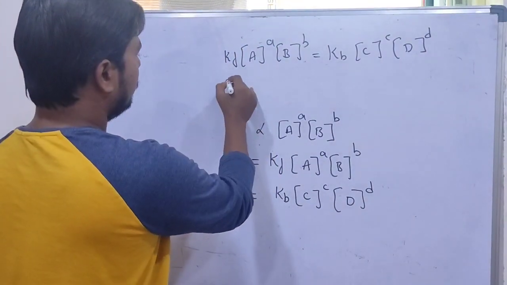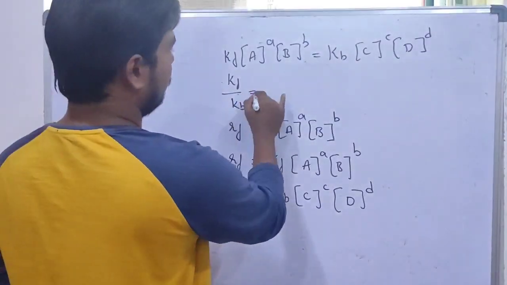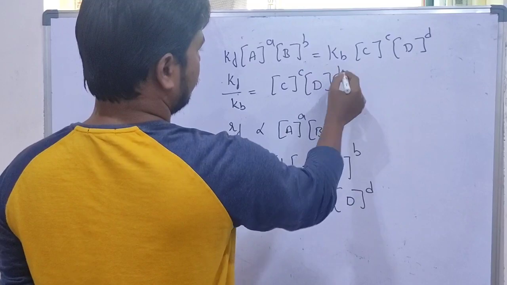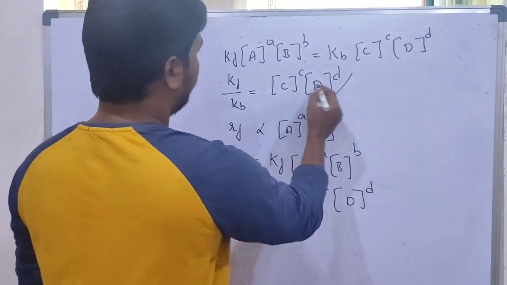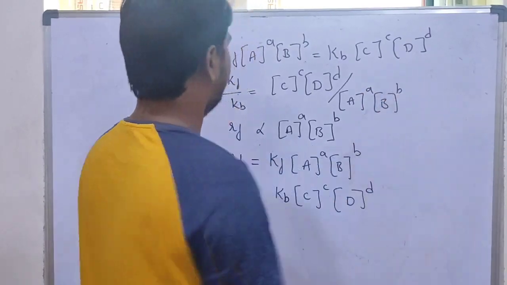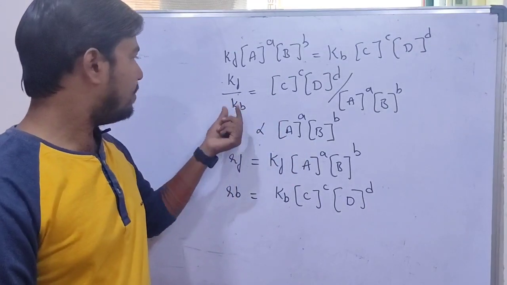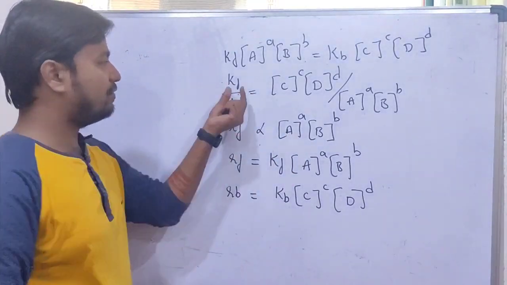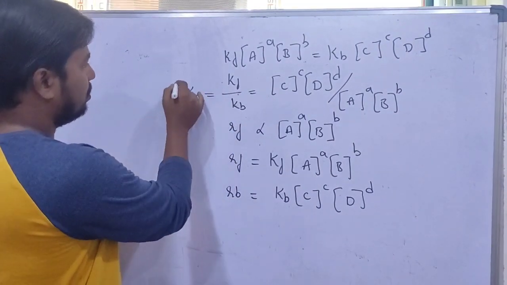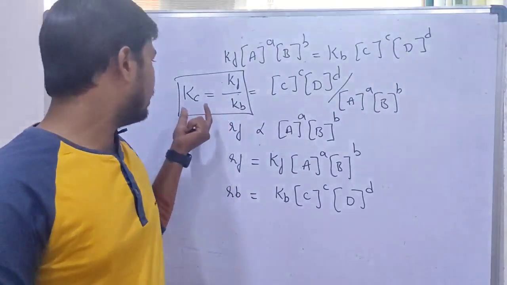Now if I talk about Kf by Kb, we get C to the power c and D to the power d divided by A to the power a and B to the power b. This is the final equation. Now Kf by Kb, the forward constant by the backward constant, we write as Kc. You should remember this: Kf by Kb is nothing but Kc.